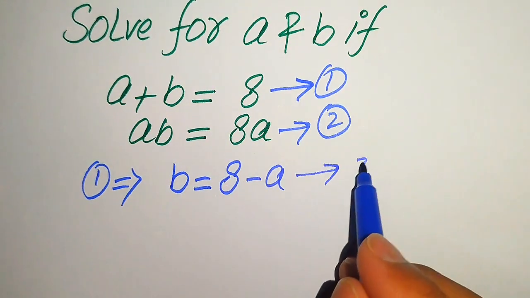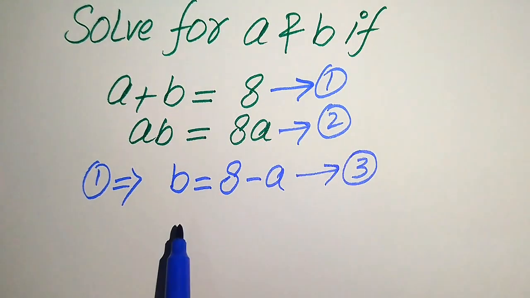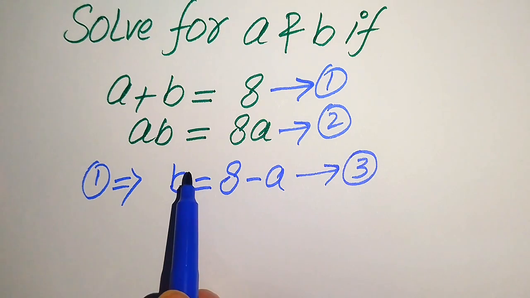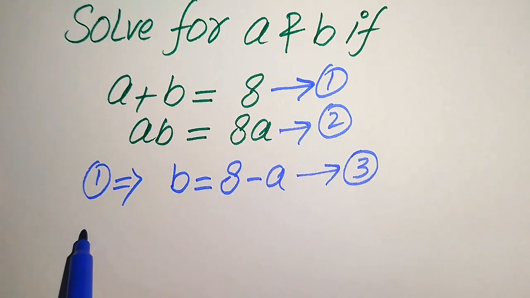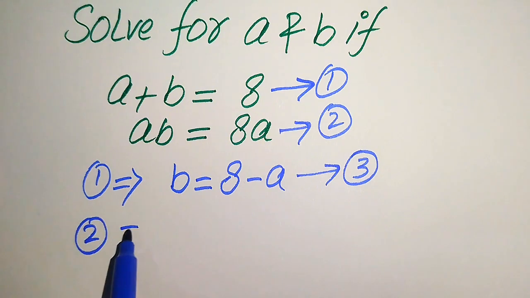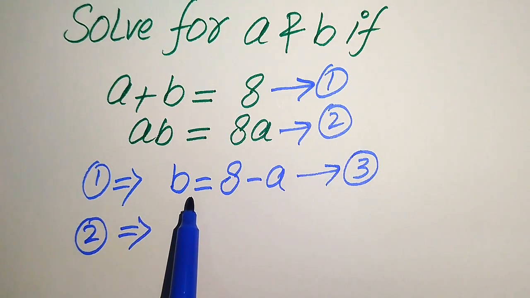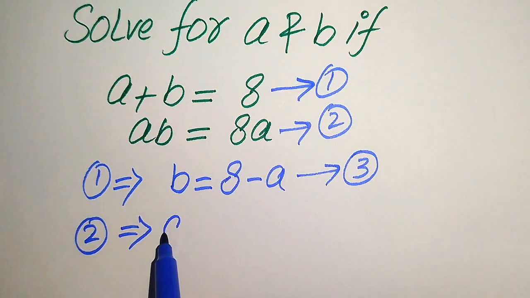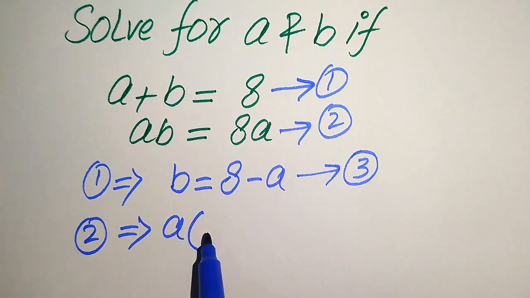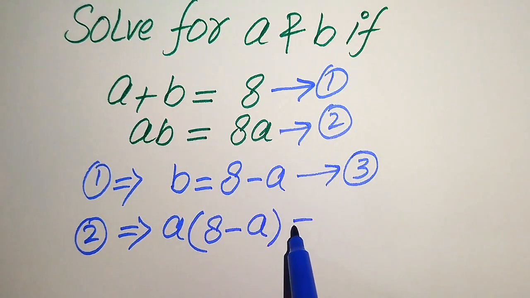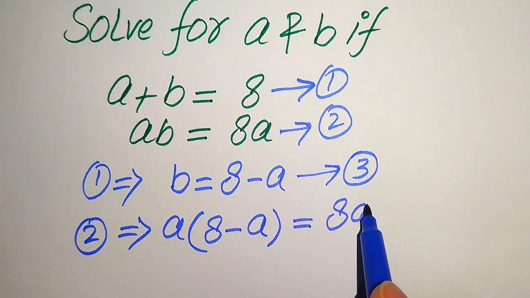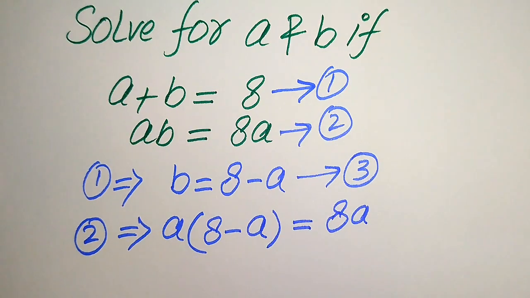We call this our equation number 3, and now we put this value of b in equation number 2. So equation number 2 implies that when you put this value of b here, it will be written as a times b, and the value of b is 8 minus a, and it equals 8 times a.